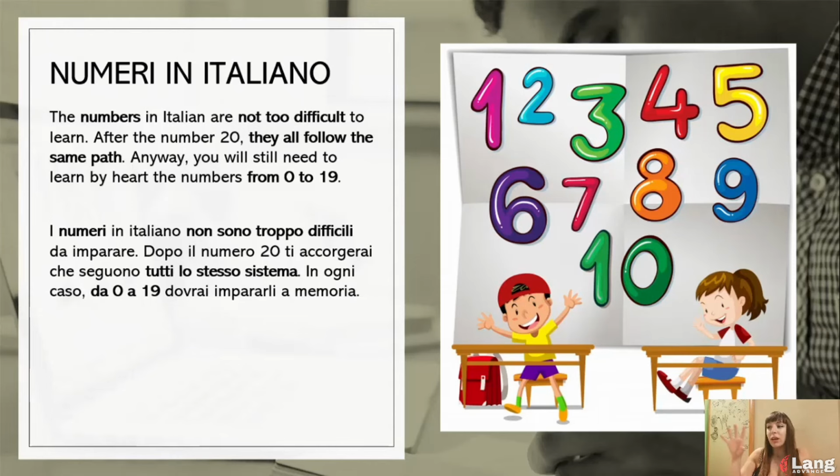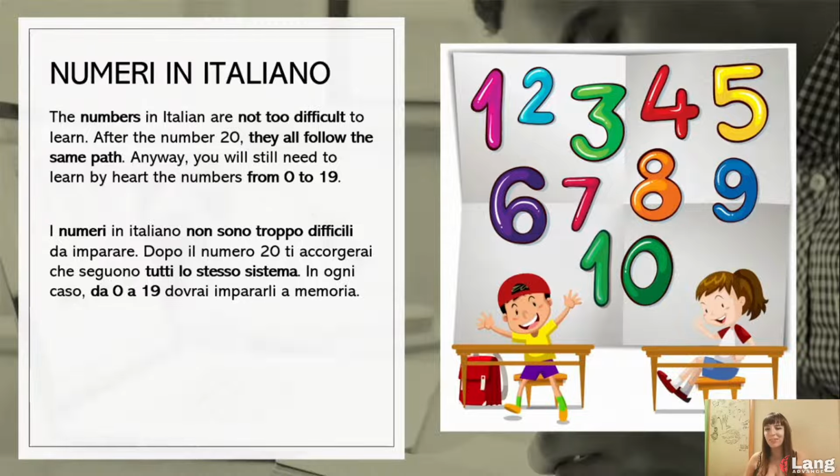So, what do you need to know? You need to learn by heart the numbers from 1 to 19, basically, because after that, they will all follow the same system, especially, so it's very important for you to learn the numbers from 1 to 9 to build any other number.